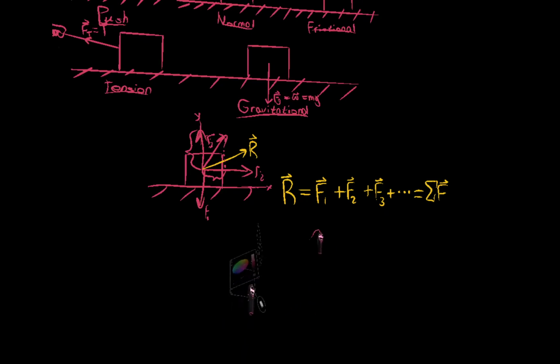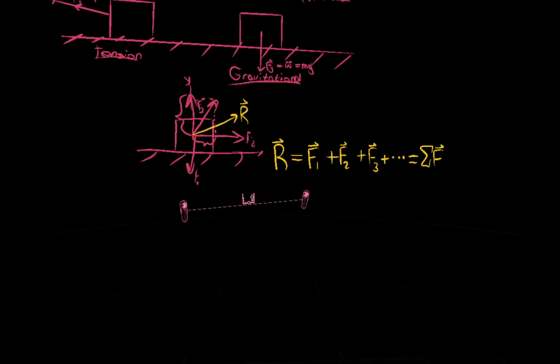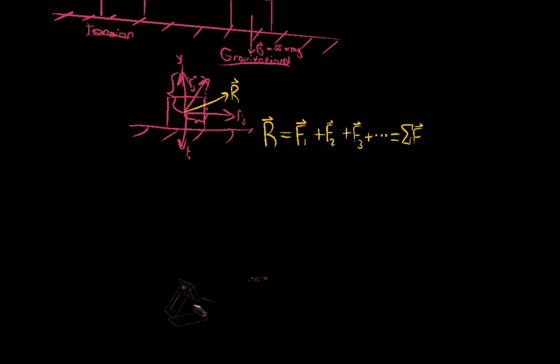And so we can take multiple full vectors and add them up to find the total resulting vector, or we can break down vectors into their components to analyze on an axis by axis basis what's going on with our forces and therefore accelerations. So, for example, I'll go back to this color here. So our Rx would be equal to the sum of all the forces in the x, right?